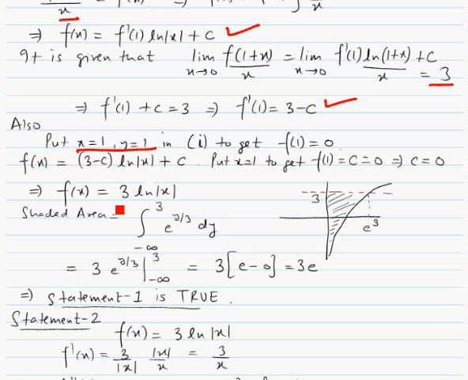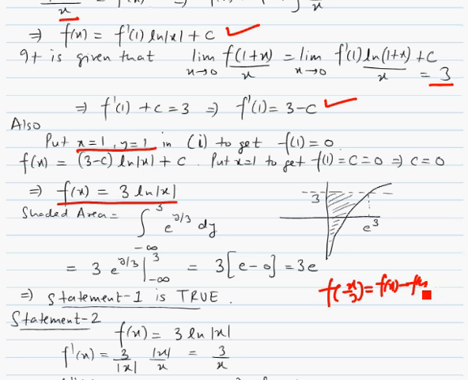Now we could have directly obtained f(x) using the property of log, as we know f of x by y is a log property.